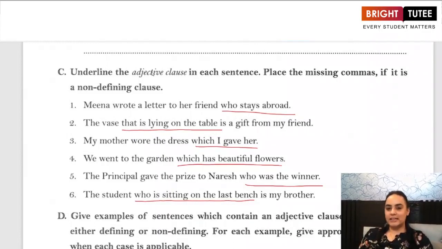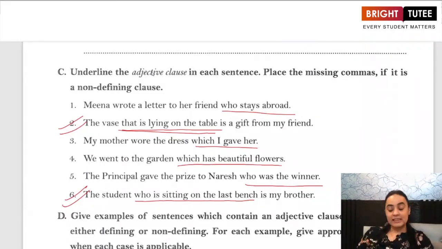Now, if you look at these sentences, we've underlined the adjective clauses in each one of them. In sentence number 2, as well as sentence number 6, my clause is defining my antecedent very clearly.